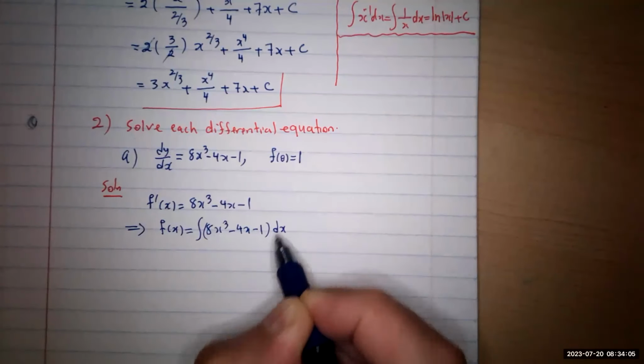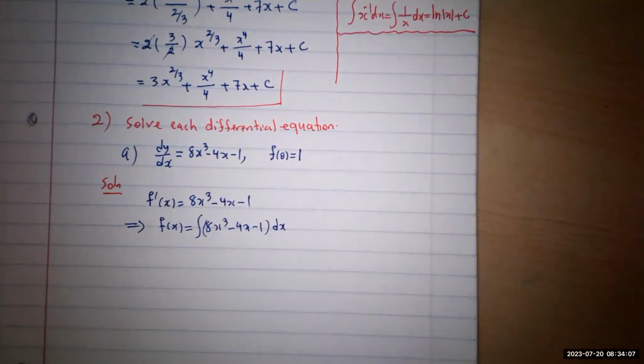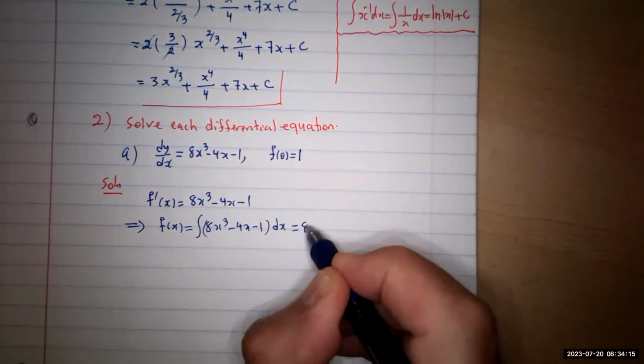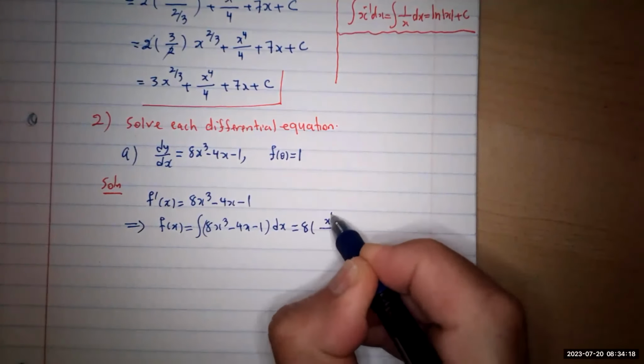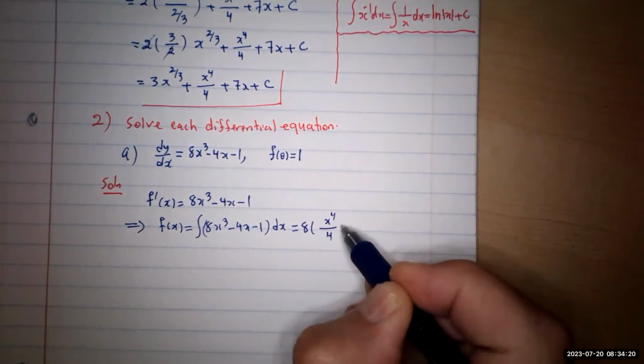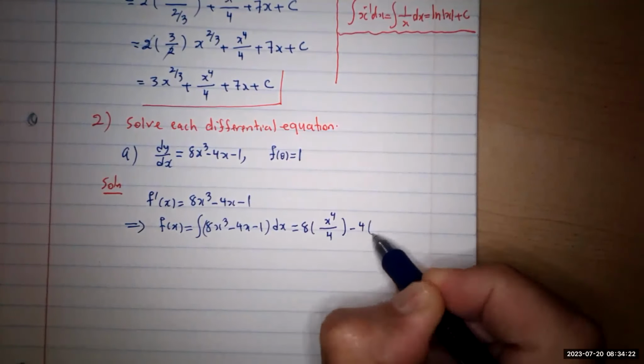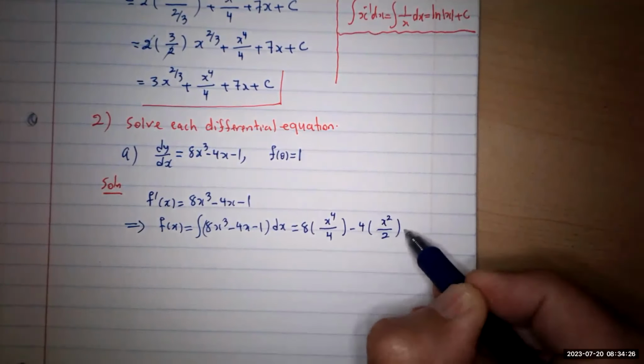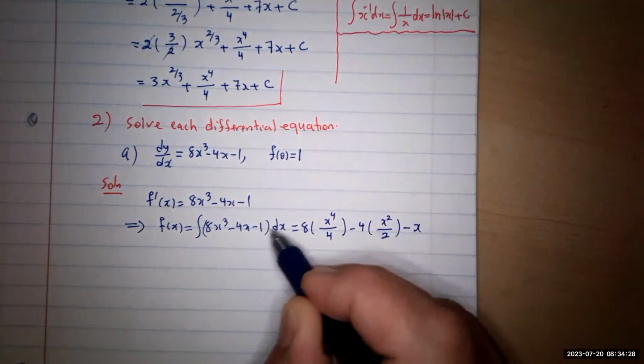There is no radical or rational expression, so we can go ahead and find it. Eight is a number, move up the power: x to the 4th over 4, minus 4 times x squared over 2, and the negative 1 becomes negative x, because it's x to the 0.